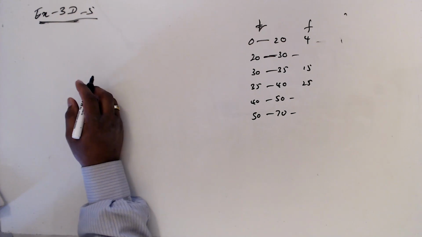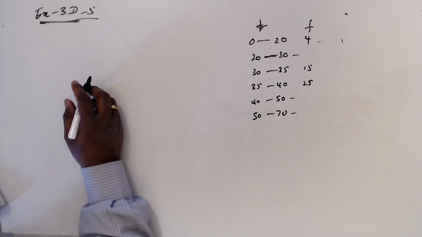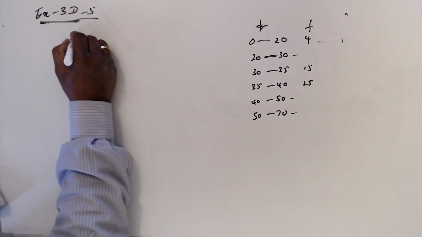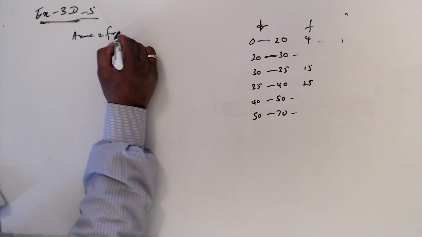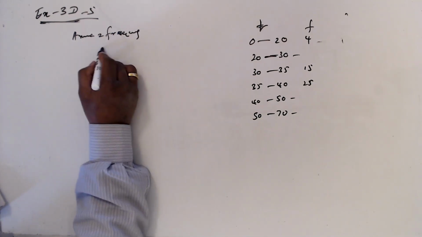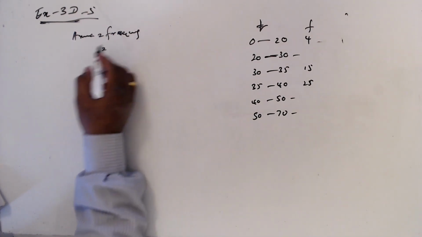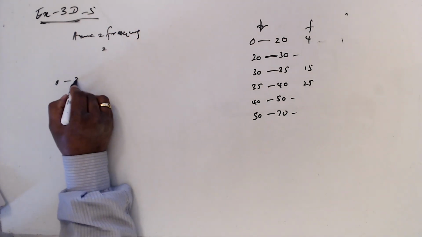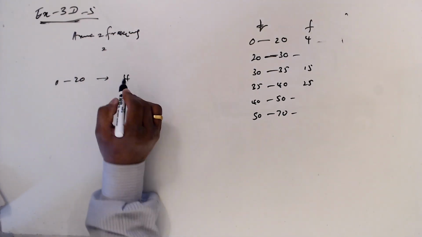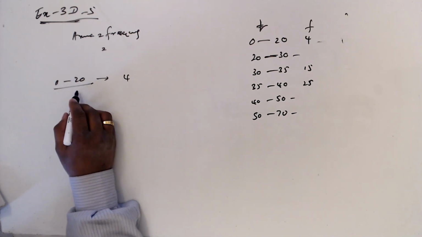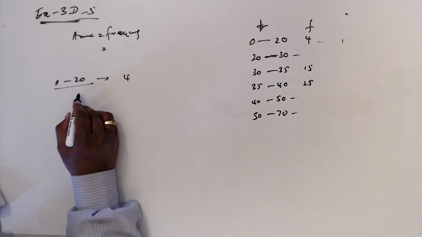Question number 5. When you look at the histogram, we can see area and frequency. From 0 to 20, the frequency is 4.